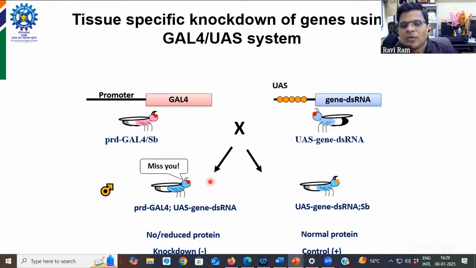Whereas here, there is another one written as stubble, which is produced as another gamete. When this gamete fuses with this particular gamete, you have this progeny, which is US gene dsRNA with stubble, where there won't be any expression because GAL4 is not there.